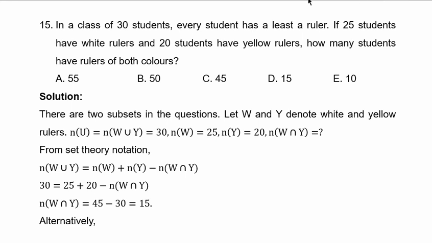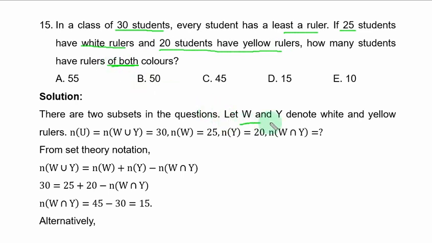Question 15. In a class of 30 students, every student has at least a ruler. If 25 students have white rulers and 20 students have yellow rulers, how many students have rulers of both colors? That is intersection. From the question, there are two subsets.